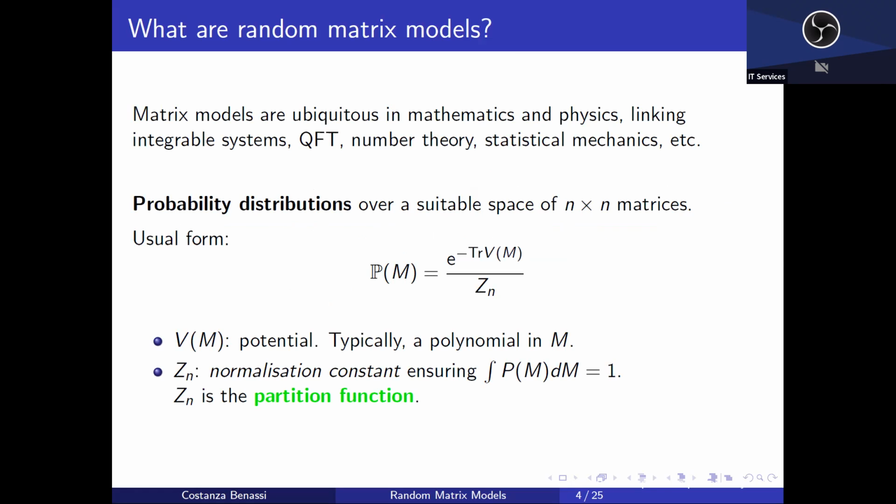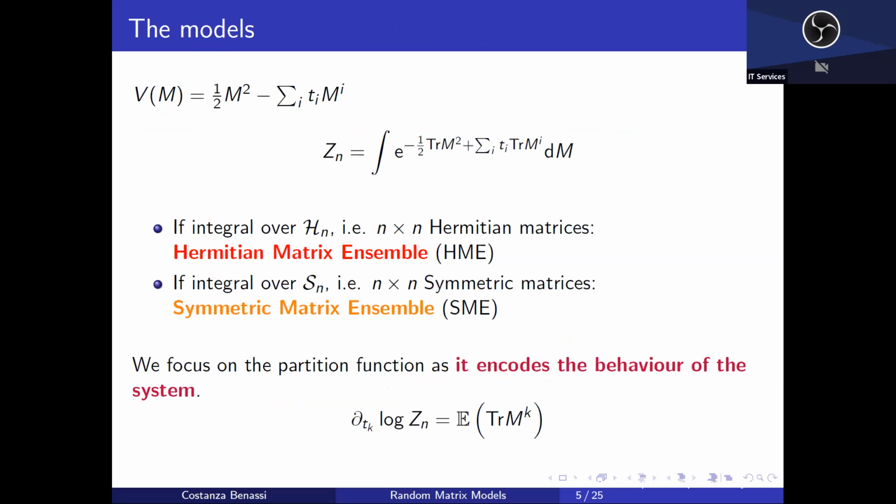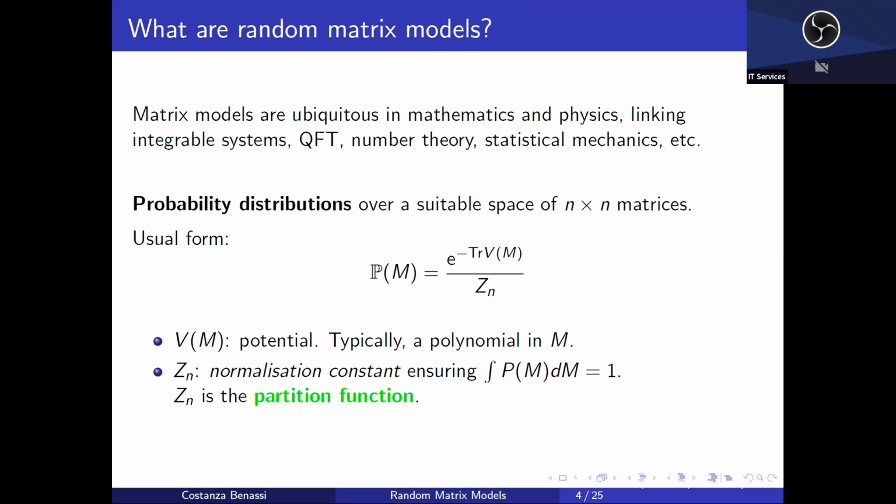And usually the form that we have in mind resembles, for those who are familiar with statistical mechanics, a Gibbs weight. So the probability of a symmetric matrix will be proportional to the exponential of some potential, and this potential usually depends just on the traces of the matrices involved. Okay, so this is the general setting.